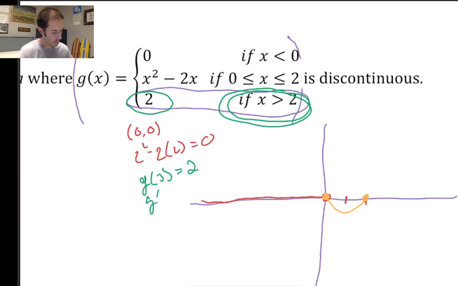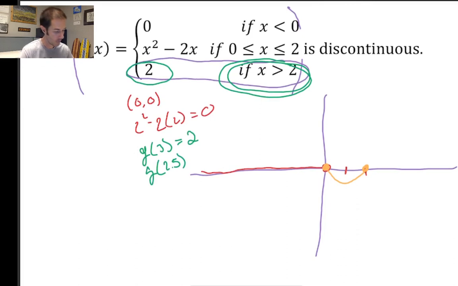What about g of 2.5? That's also going to equal 2. What about g of 2.00001? My point is that as our x values come from the right, say an x value of 3, where we had a y value we just determined of 2, and as we continue moving to the left, making our x values smaller, at 2.5 we said we still have a y value of 2.